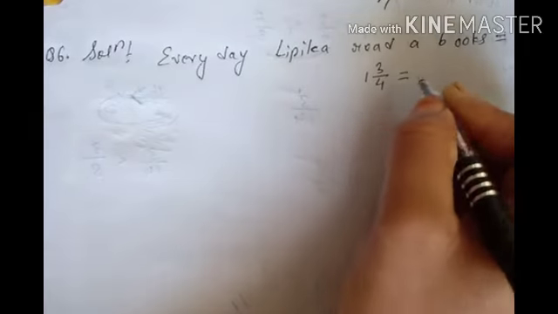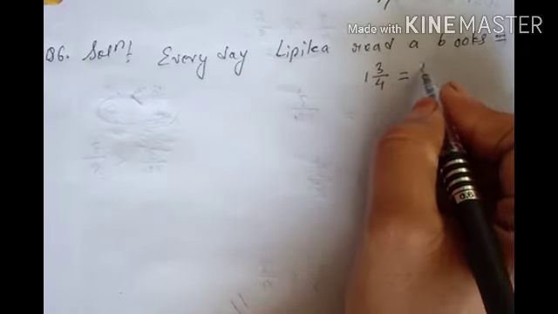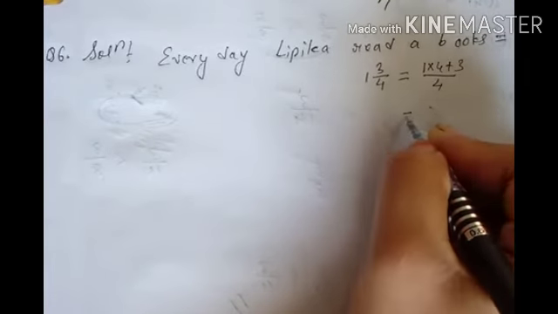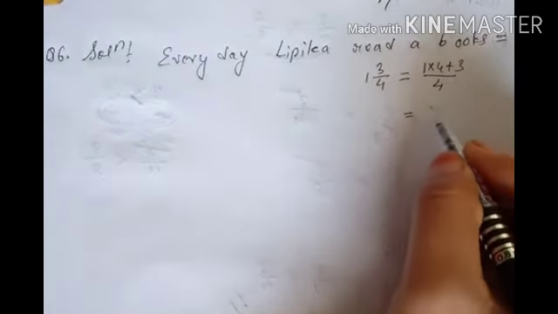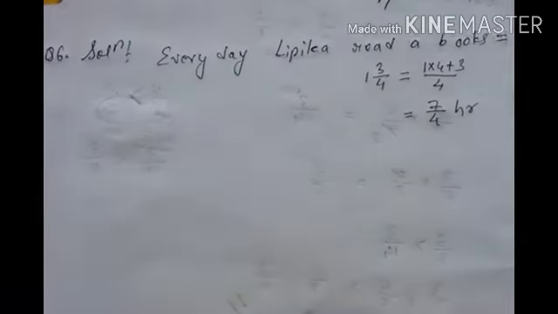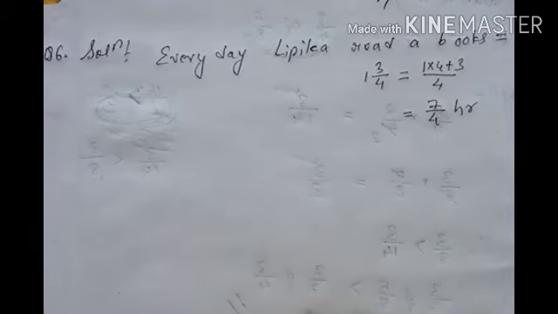Now this is a mixed fraction. If you convert it to an improper fraction, 1 into 4 plus 3 upon 4, this is equal to how much? 4 plus 3 is 7 upon 4 hours. So this many hours she used to study every day, isn't it?